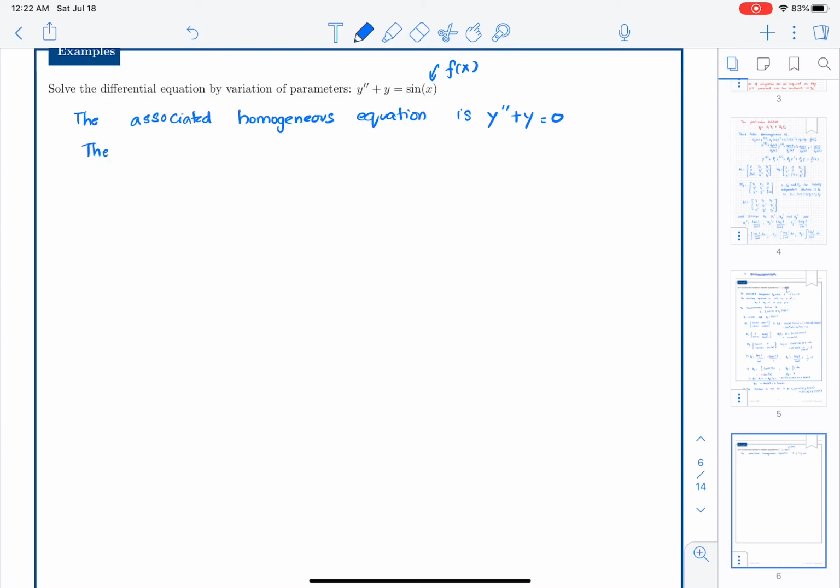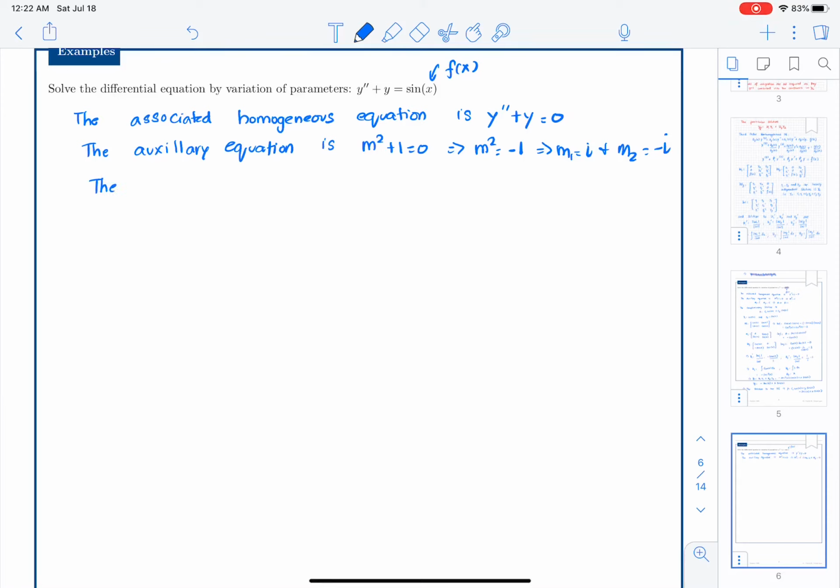Therefore, the auxiliary equation is m squared plus 1 equals 0, which would imply m squared equals minus 1, m1 is i, and m2 is minus i.